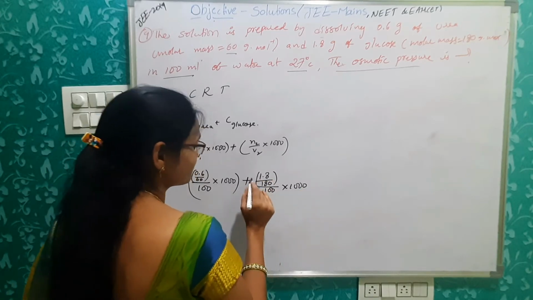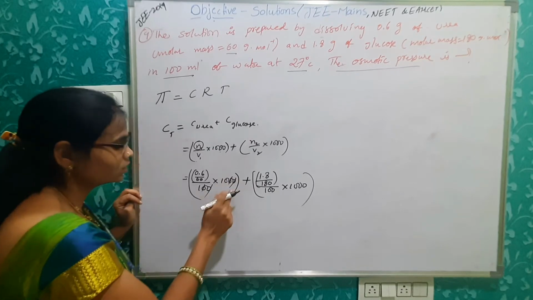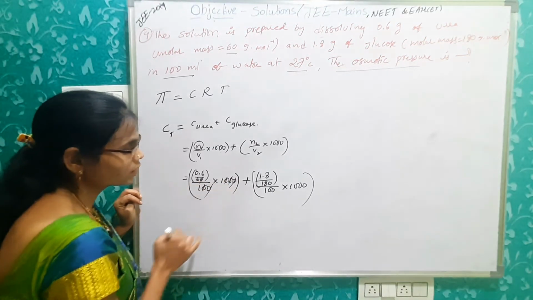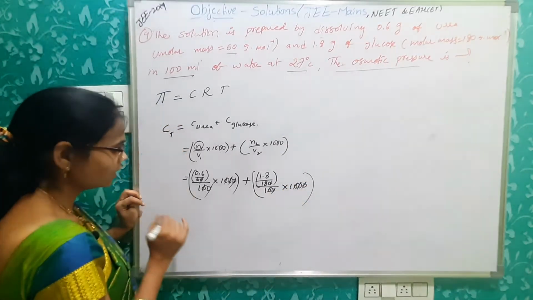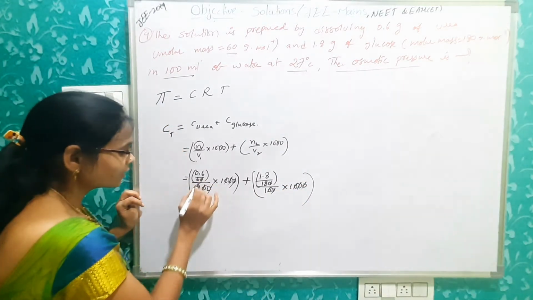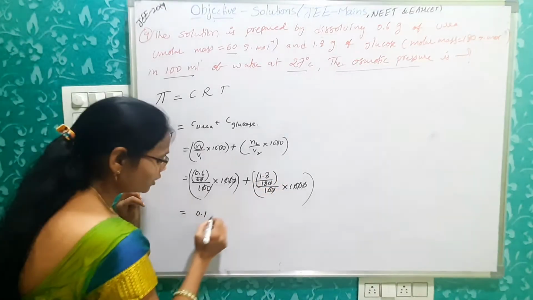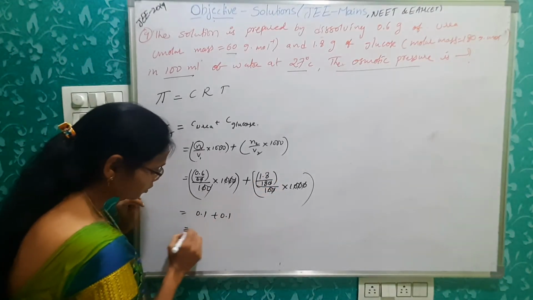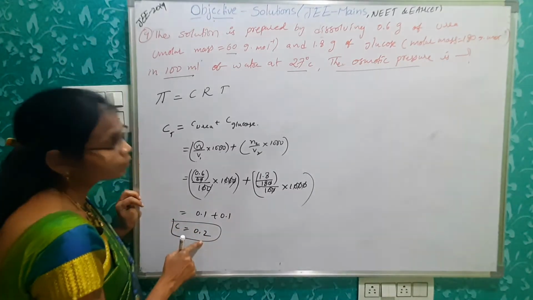Okay. These zeros cancel, these 3 zeros cancel. Now 0.6 by 6 means 0.1, and 1.8 by 18 means the same 0.1. How much? 0.2. The total concentration is calculated as 0.2.